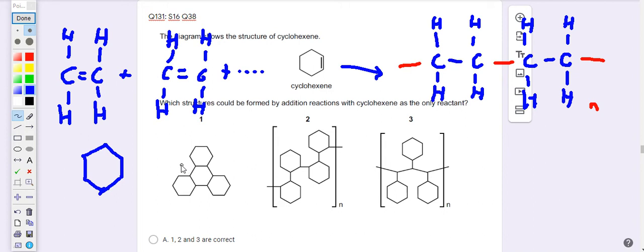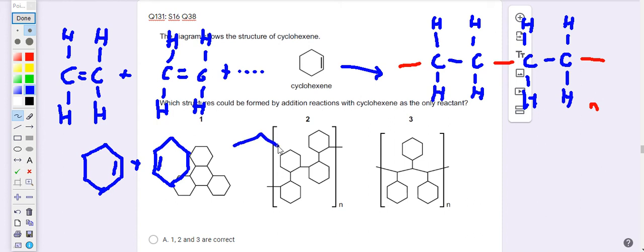It looks like this. Now, if I have many cyclohexene together, the same thing will happen, right? No more double bond, then there is a new bond formed between the carbon.